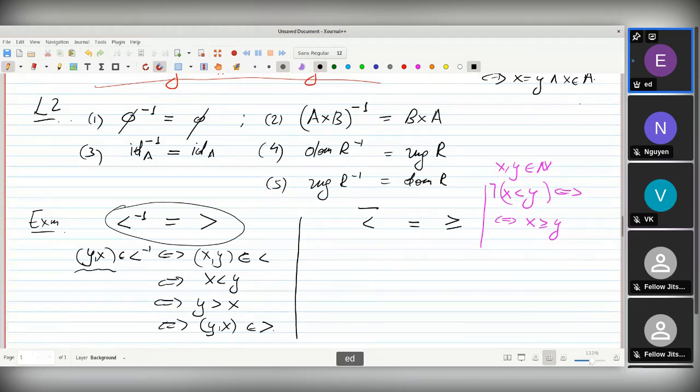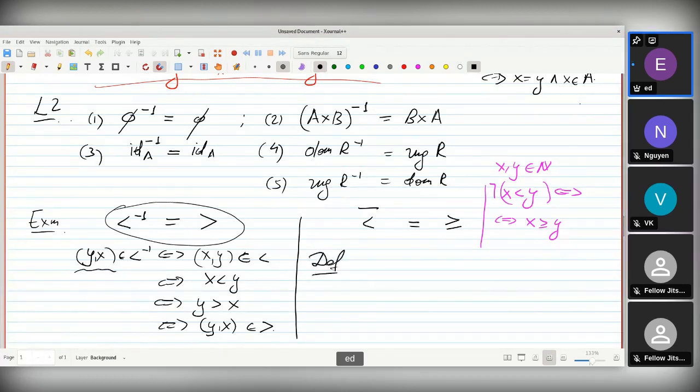But what is the complement? What is the definition? The complement is our usual operation for sets. But the question is, what should we take as the universe? It is quite clear.